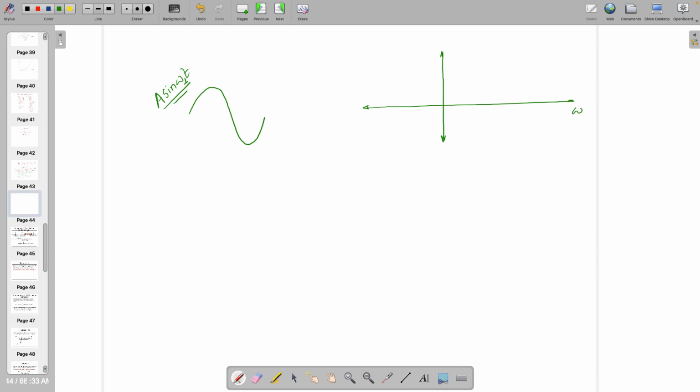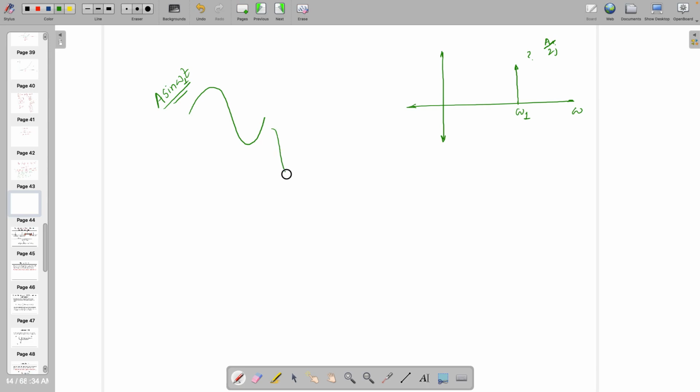Let's call this one omega 1. What are you expecting at omega 1? What about minus omega 1? And what's the value? A by 2j, minus A by 2j, from the equation we can say. But we are not interested in such things. We are interested in only positive things. Let's forget about other things.